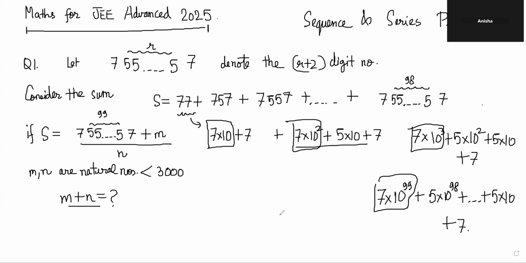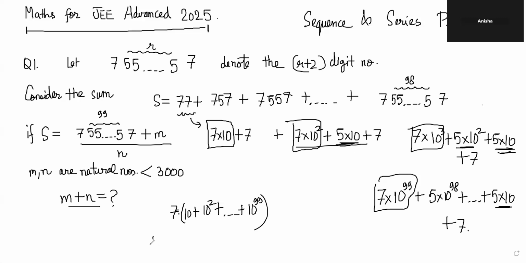Till 10 power 99. So 7 common, it is 10 plus 10 squared till 10 power 99, sum of GP. Then 5 into 10, 5 into 10 square, and so on. And then there are these terms also. The last term here also has a 50, this also has a 50, this also has a 50.